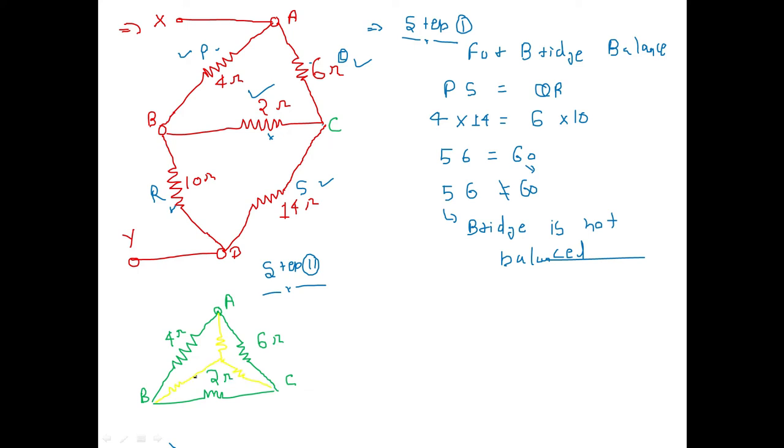This is a star circuit having resistances R1, R2 and R3. Now how to calculate these values?